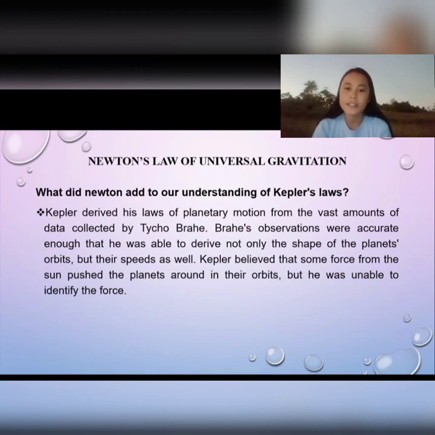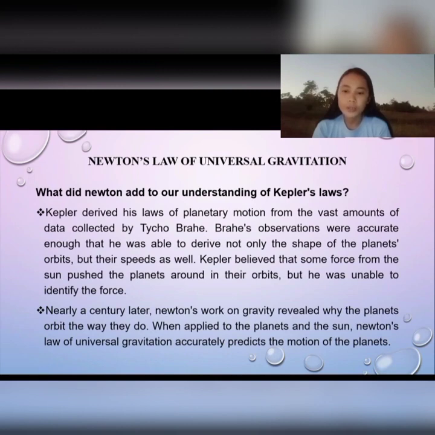Kepler believed that the force from the sun pushed the planets around in their orbits, but he was unable to identify the force. So Isaac Newton discovered that force and stated it as gravity, or gravitational force.